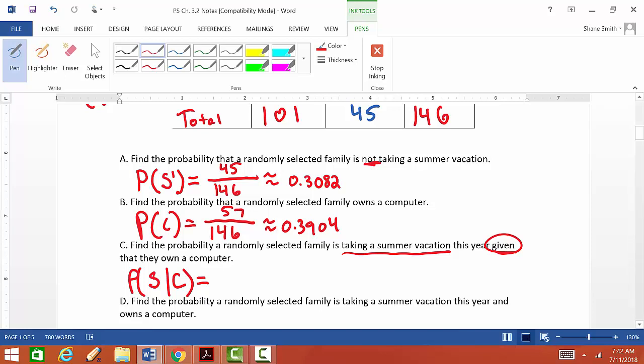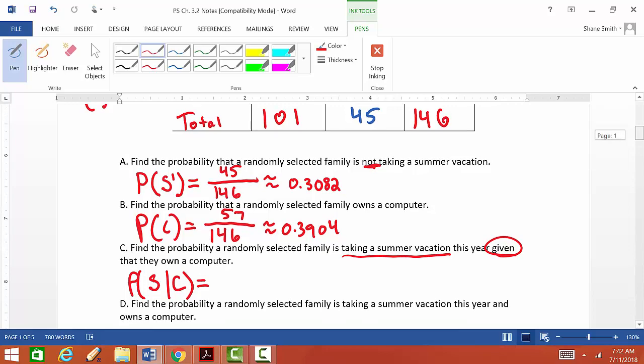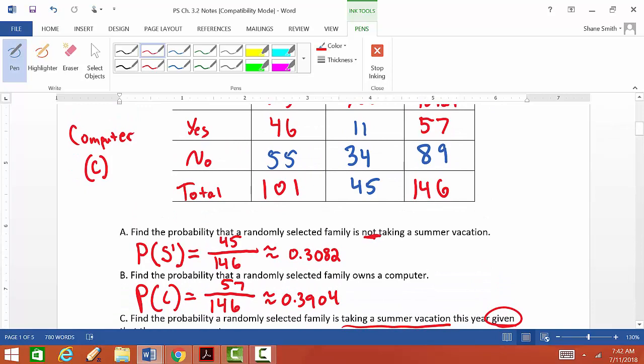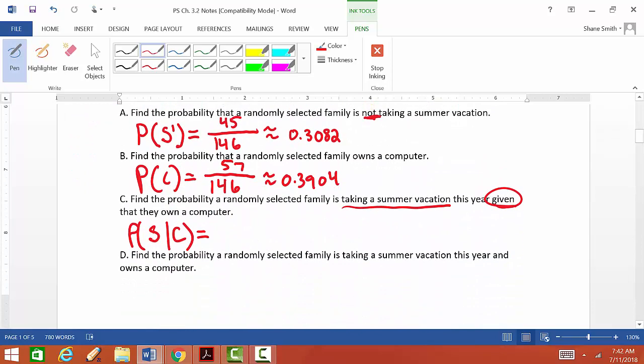So since we're given they own a computer, we are only looking among the computer individuals. Therefore, we're not looking over 146. How many people actually own a computer? Because that's what we're given. Well, 57 people own a computer. So that's our denominator now, because now we're only selecting among the people that own a computer.